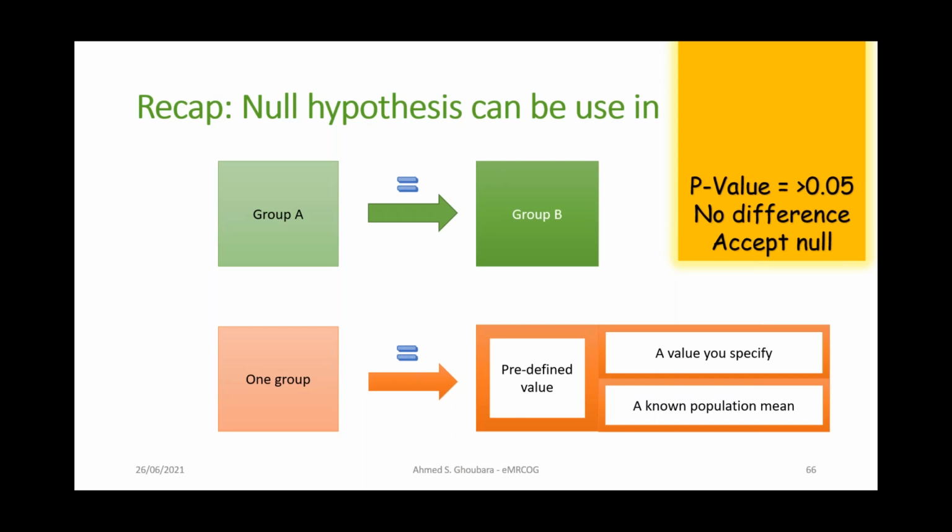Let us say my theory is that it should be more than 50 years of age. To test that 50 years against my group, I need to use the null hypothesis. If the p-value is not significant, they are equal to each other. If the p-value is less than 5%, I reject the null hypothesis and the age is not equal to 50. It's less commonly used, rarely used, but it does come in the exam.